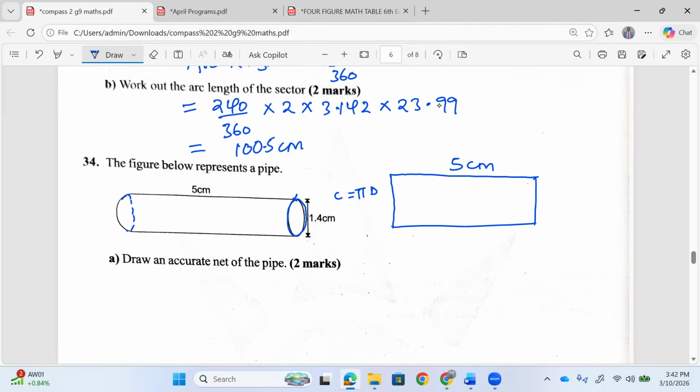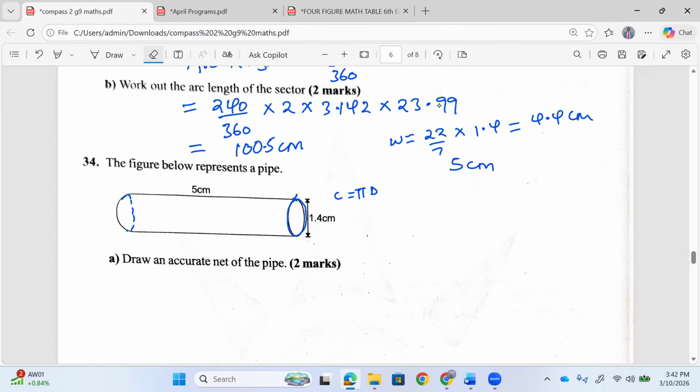Therefore, our width shall be 22 over 7 times a diameter of 1.4. This gives us 4.4 centimeters.